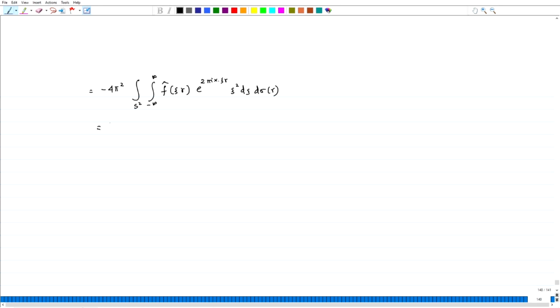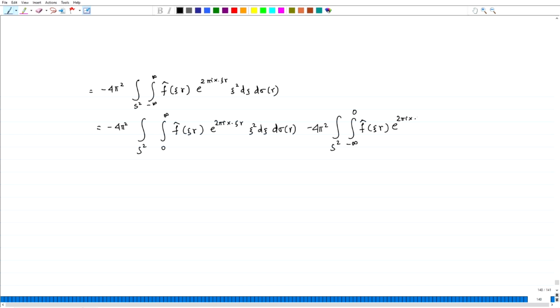So, now we break the integral: the integral from 0 to infinity of f hat of xi gamma e to the power 2 pi i x dot xi gamma, xi square d xi d sigma gamma, plus, again with minus 4 pi square, the integral over S^2 of the integral from minus infinity to 0 of f hat of xi gamma e to the power 2 pi i x dot xi gamma xi square d xi d sigma gamma.